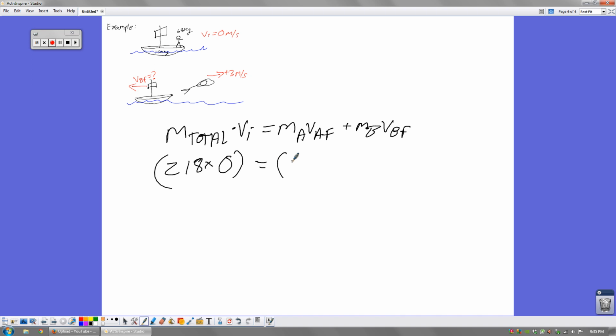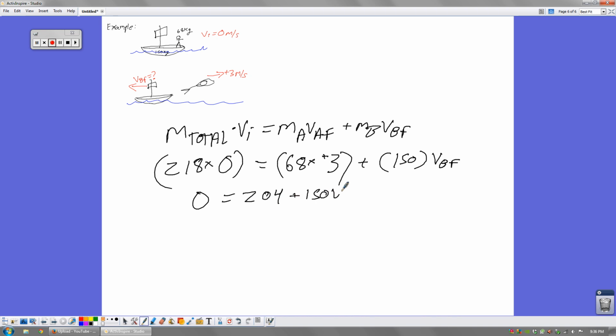Where the mass of Mr. Saslow is 68 kilograms and his velocity after the explosion is positive 3. And where the mass of the boat is 150, and we are looking for the velocity of the boat after the explosion. Alright, well, let's simplify. That's 0, because anything times 0 is 0. 68 times 3, that is 204.